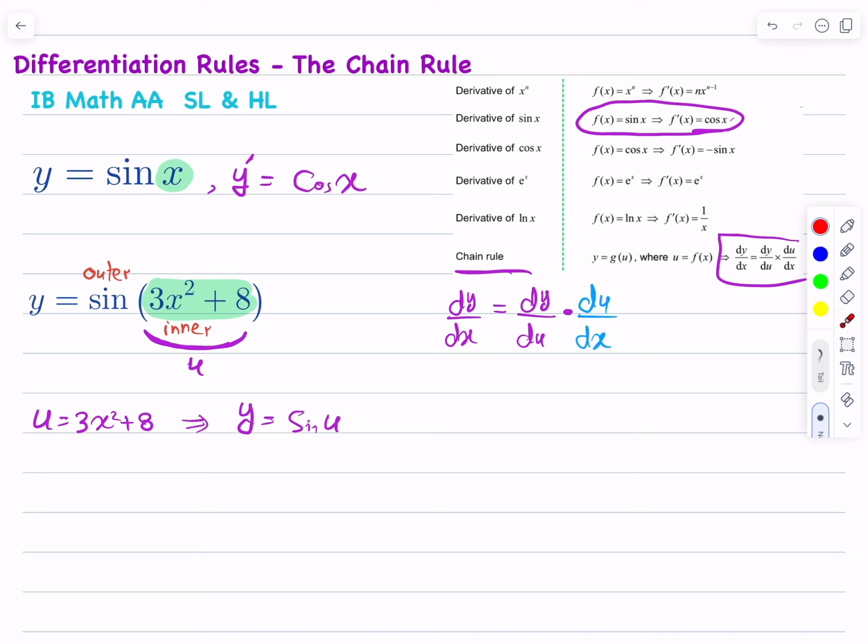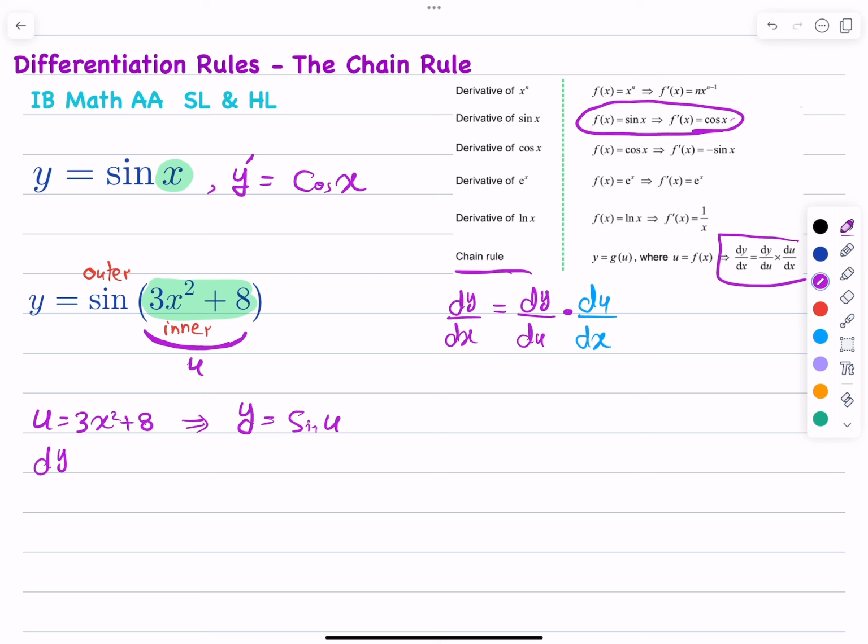So as you see, when we use the u substitution correctly, the function will always be simplified to a simpler version where the derivative of this function is available in this formula booklet. Now, we will differentiate this according to the chain rule.